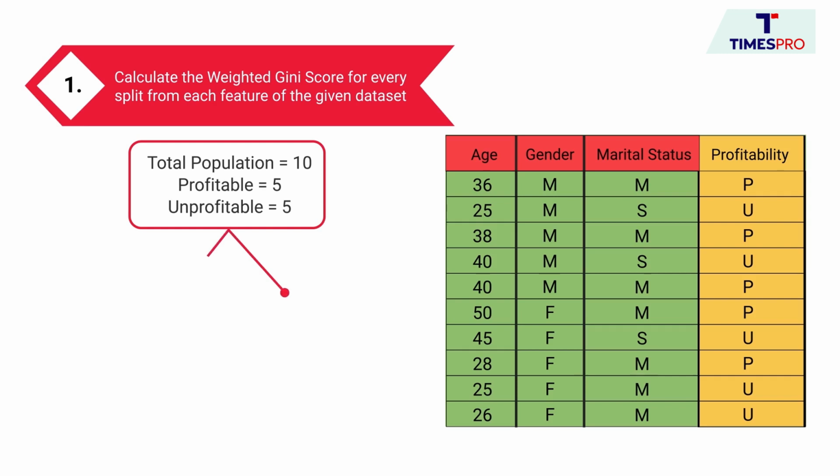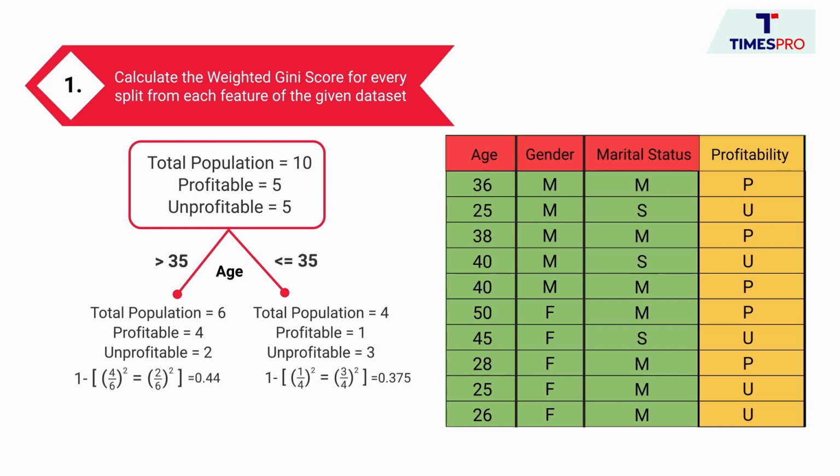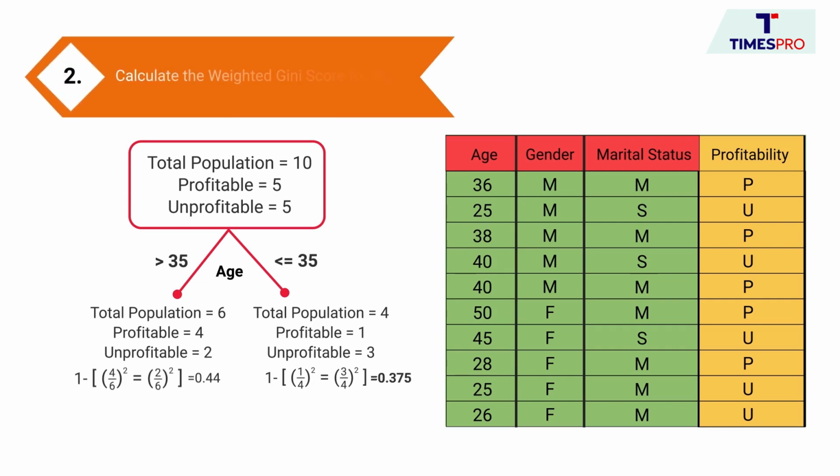Suppose we split on age, we are going to get a Gini score of 0.44 for age greater than 35 and a Gini score of 0.375 for age less than or equal to 35.